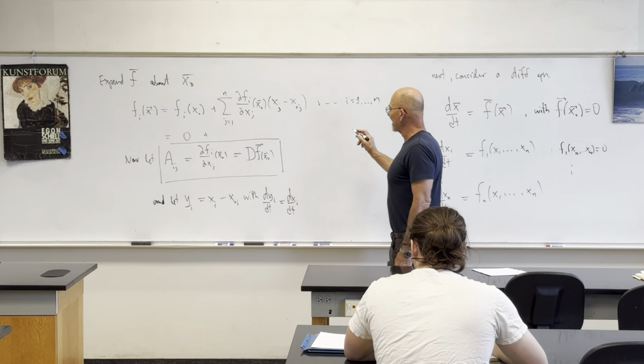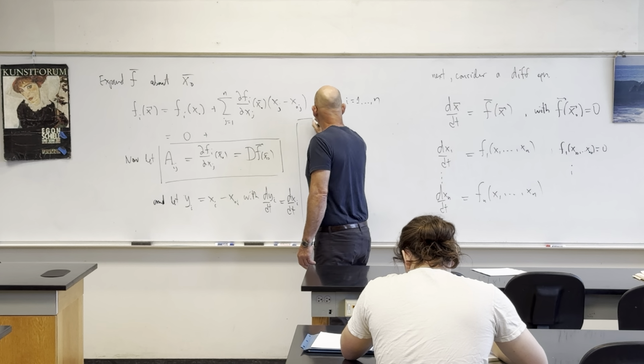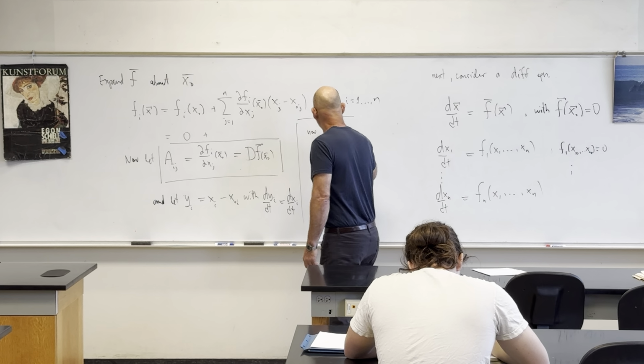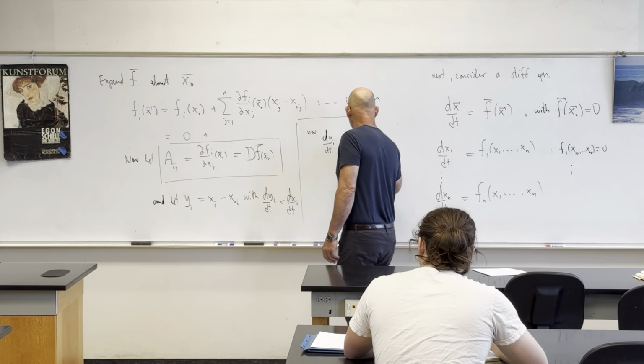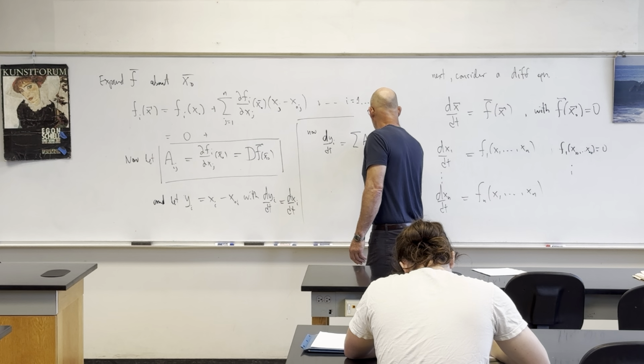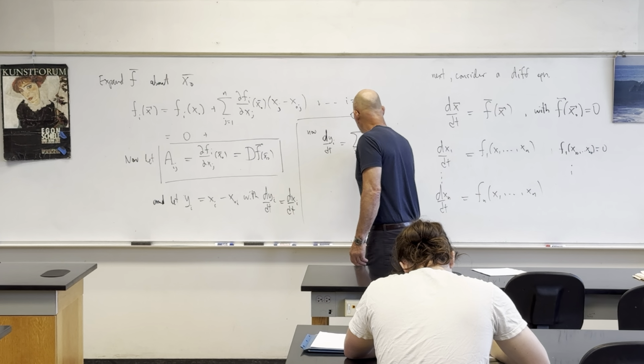And now dy sub i dt equals the sum over a sub ij y sub j, j equals 1 to n.